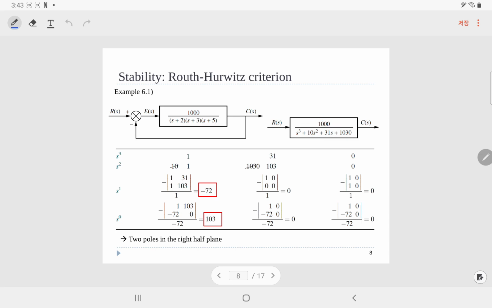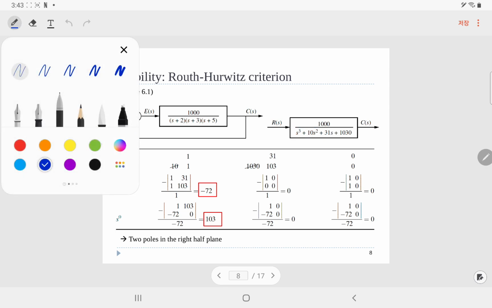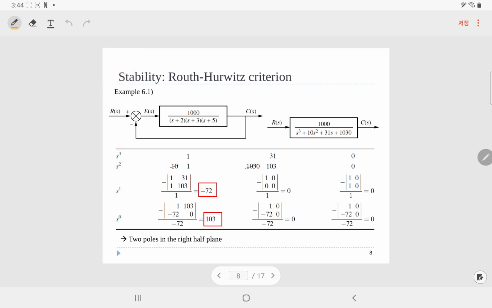Okay, so in order to analyze the stability of this system we have to check the denominator polynomial of the closed loop system. So we have to progress on this part. Then from this polynomial equation we next generate the Routh table.